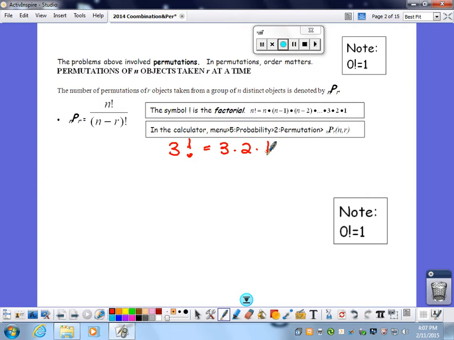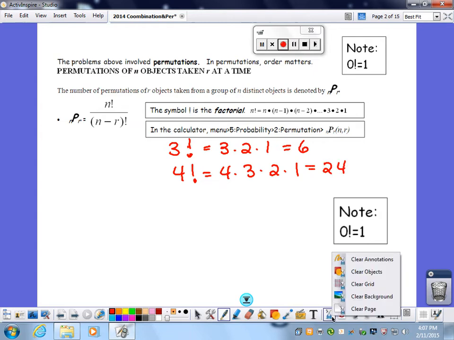We're not going to go down to 0 because when we multiply times 0, it's 0. So we're counting down, stopping at 1. So 3 factorial is 6. Like 4 factorial would be 4 times 3 times 2 times 1, or 24. That's what factorial means. It means to count down to 1.